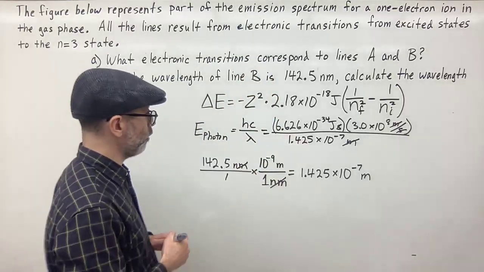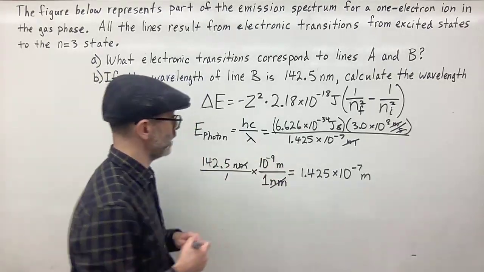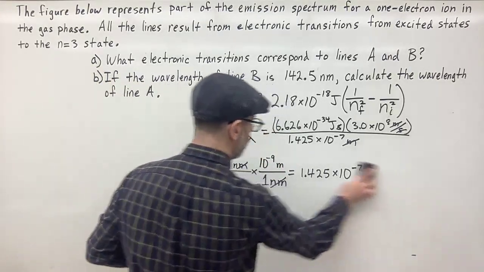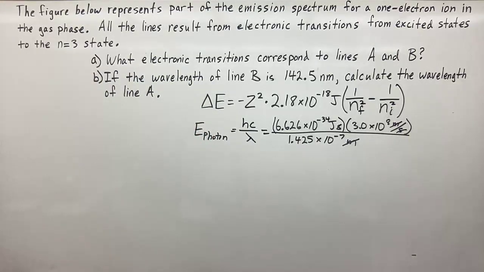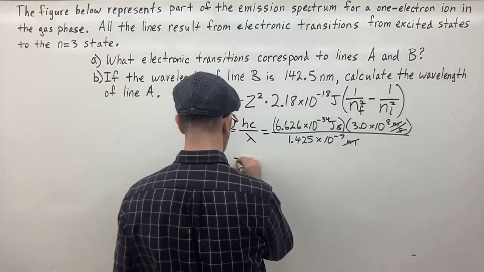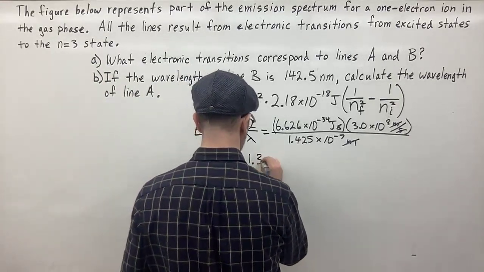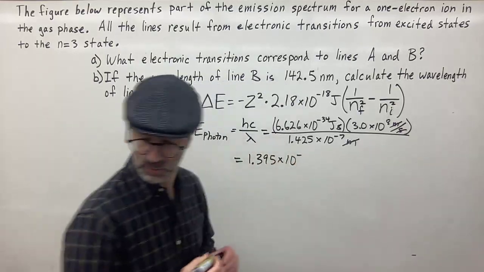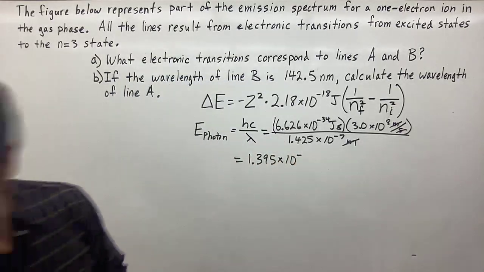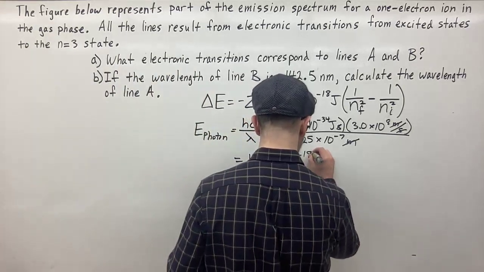Okay, so when we calculate the energy of the photon, we get, I'm going to go ahead and erase this. What do we get? We get 1.395 times 10 to the negative, I think it was 18 joules.